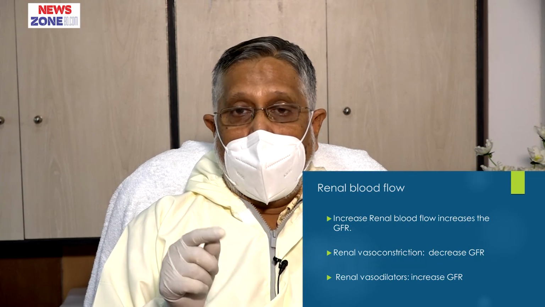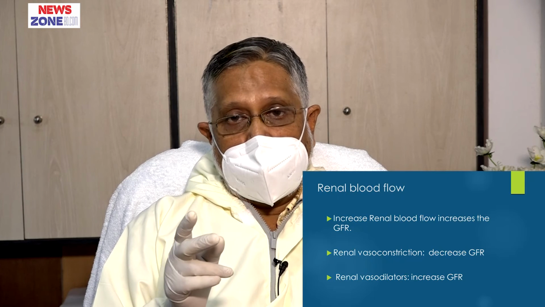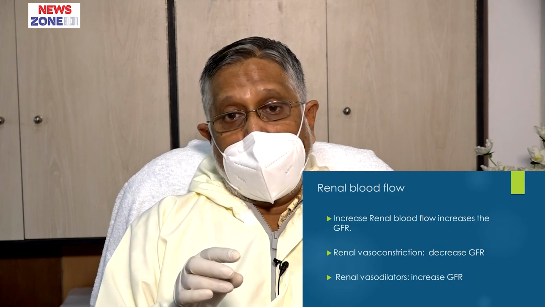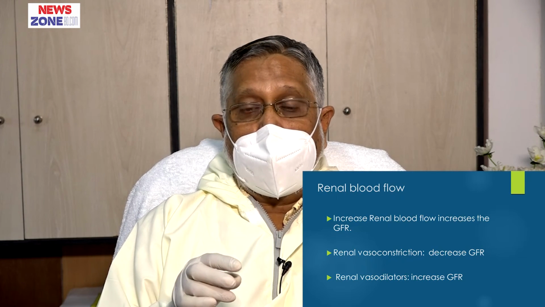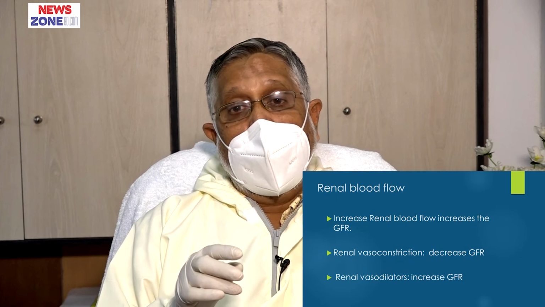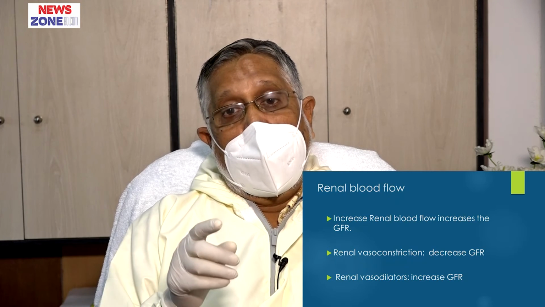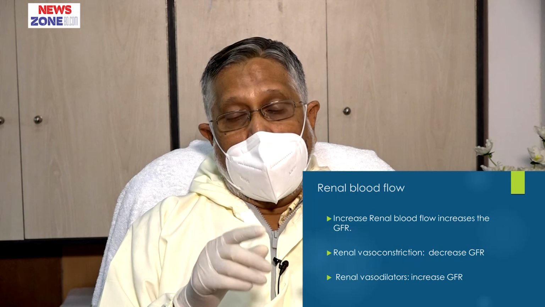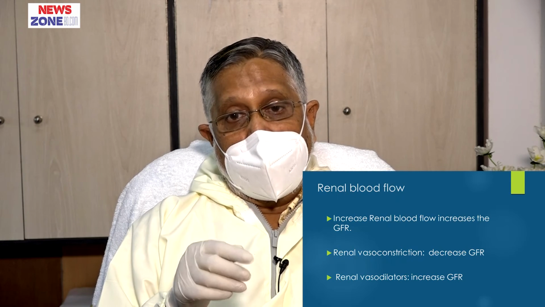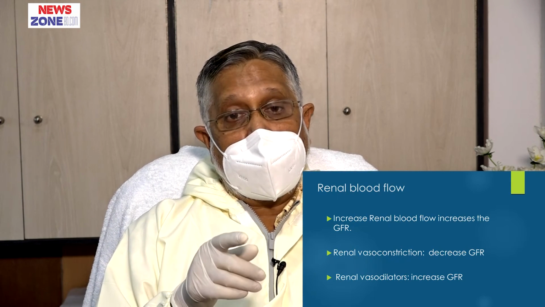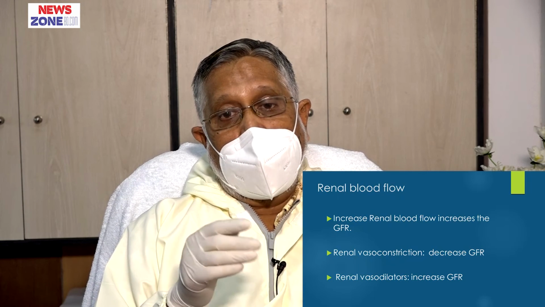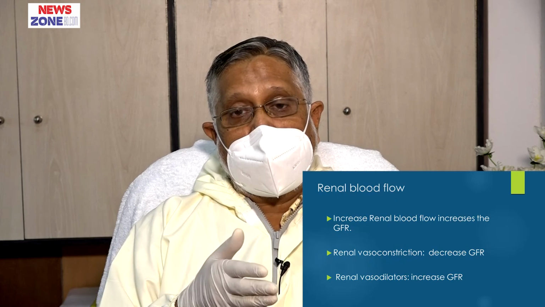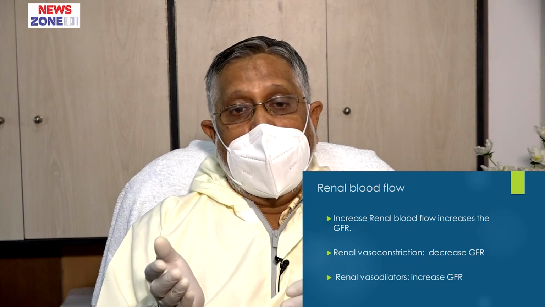One is the glomerular hydrostatic pressure, another one is the oncotic pressure, third one is the Bowman's capsular pressure, fourthly permeability coefficient, which depends upon the surface area of the glomerular membrane and the number of water pores. Fifth is the sympathetic stimulation, which decreases the GFR, and inhibition increases the GFR.